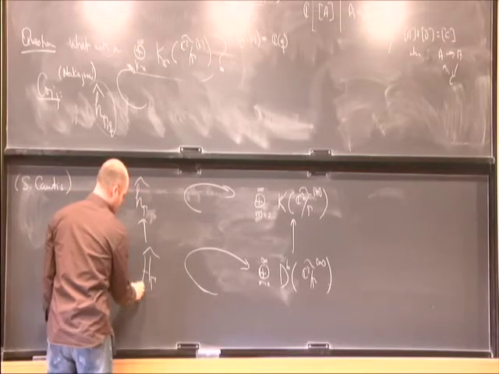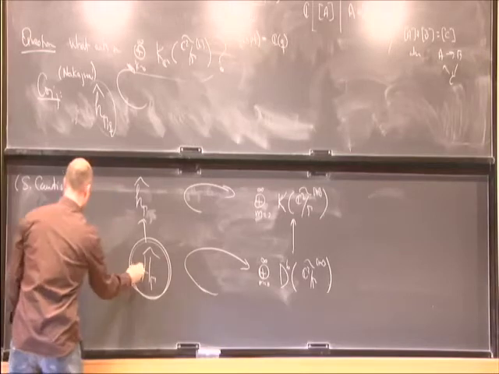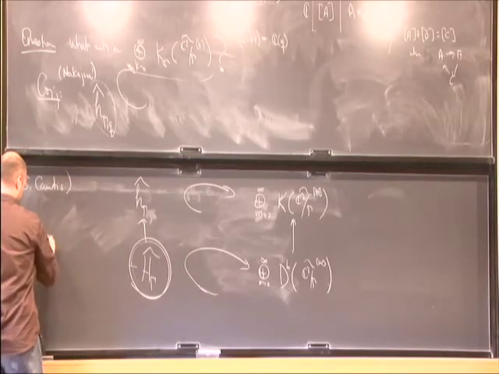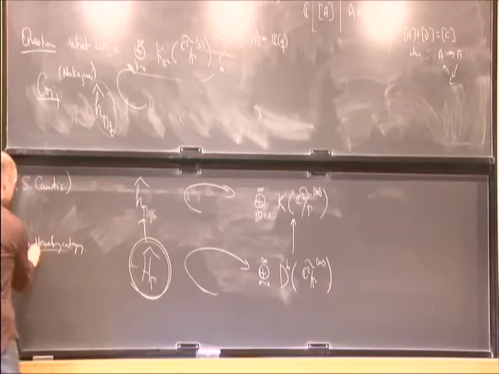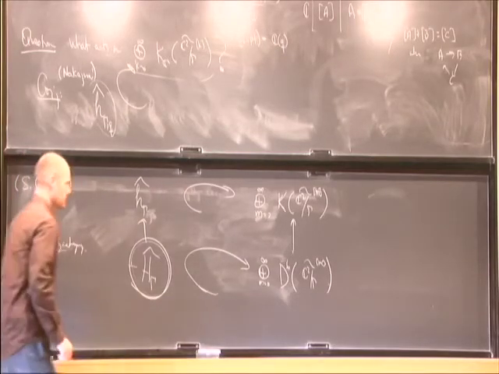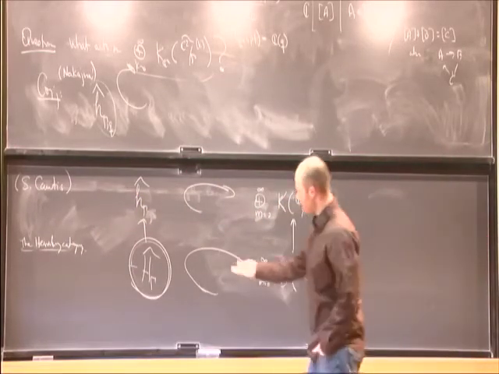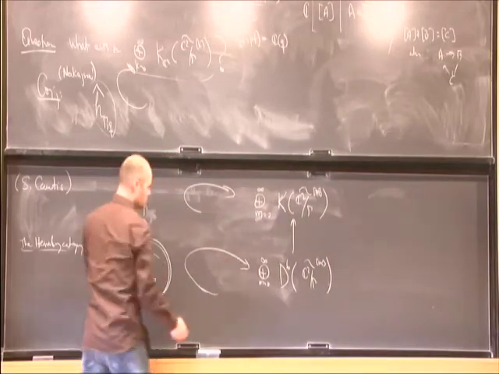So in the rest of the talk, I want to tell you a little bit about what this categorical object is. You could think of this as a categorification of the Heisenberg algebra, or the Heisenberg category. So I want to tell you what it is and maybe say a little bit about how it acts here. So what kind of object should this be? Well, each of these directions tells you some structure you need.